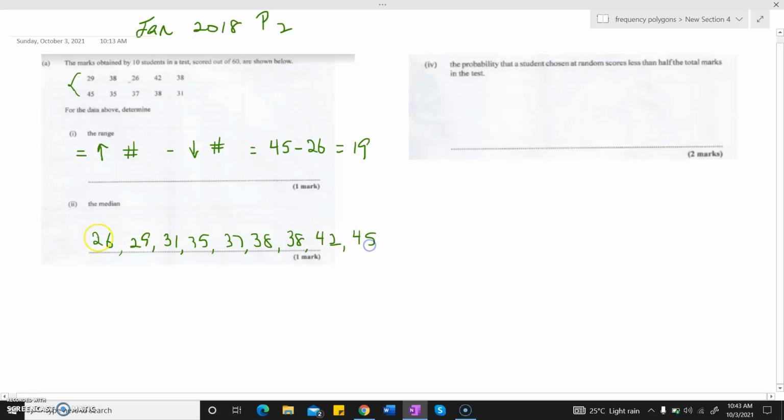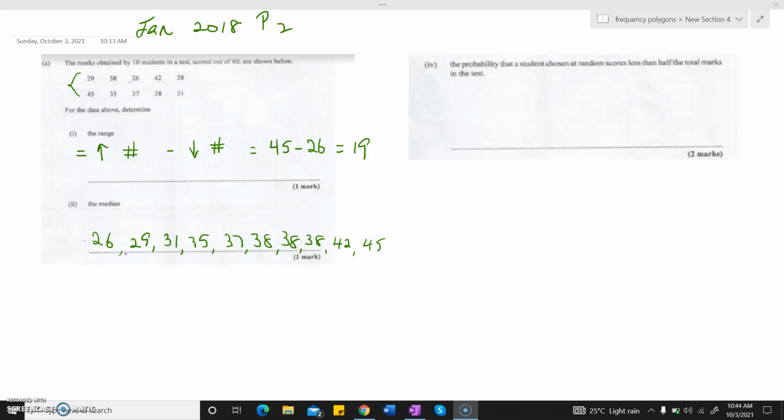Let's just double check. We have 10 numbers. 1, 2, 3, 4, 5, 6, 7, 8, 9. We're leaving out a number. What number did we leave out? Oh, I left out a 38. So a 38 should be here as well, right? Let me just fix that a little bit.